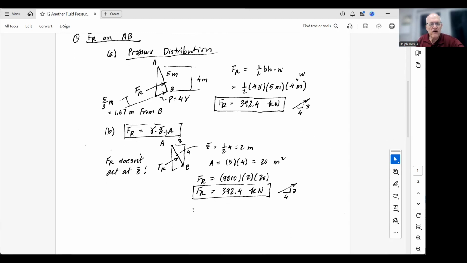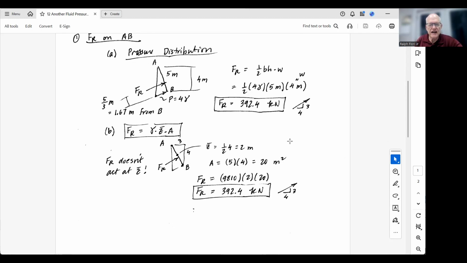If we use the FR is equal to gamma Z bar A formula, sometimes I call this the Gaza or the Giza formula for GZA. Again, the plate is 5 meters long at a 3, 4, 5 slope. The midpoint of the plate, the Z bar, is 2 meters deep. So Z bar is 2. The area is 5 times 4, which is 20.